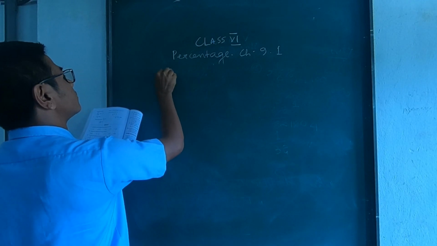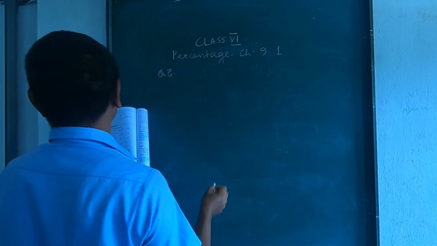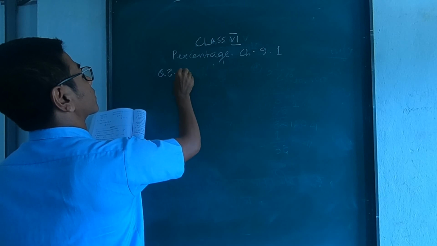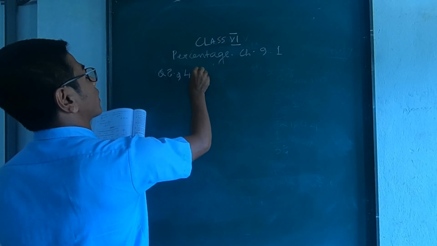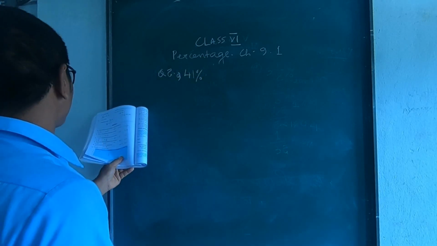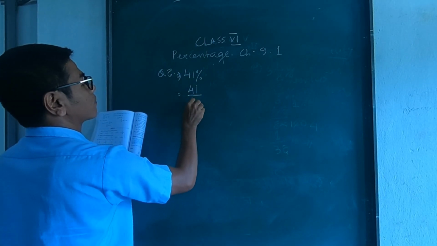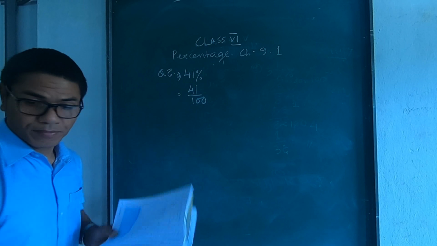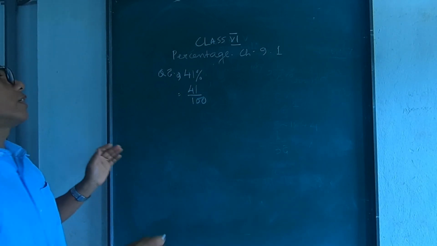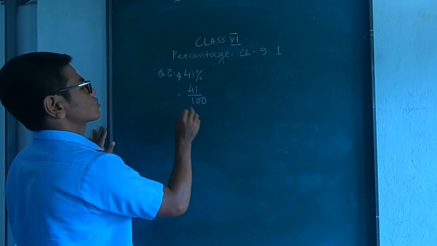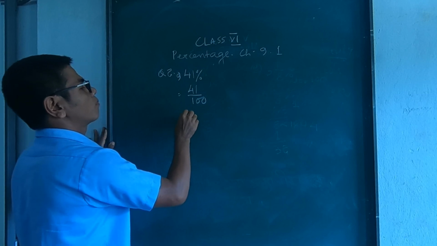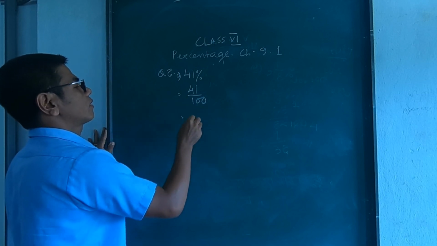So question 2, we have to express 41%. So 41 divided by 100. I'll show you 2 ways to do. First is we go by moving to the right or left.